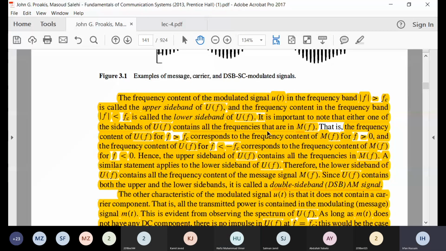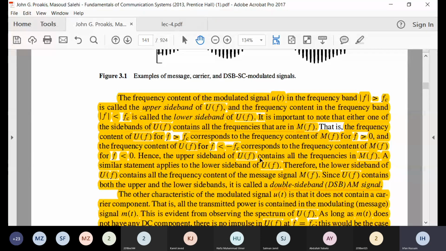All right, so all of this is written here. Frequency content F greater than Fc corresponds to F greater than 0, and frequency content for F less than minus Fc, which means the negative part, corresponds to the frequency of F less than 0. So the negative component for the upper sideband has gone to less than Fc, while the positive content of baseband for the upper sideband has gone to F greater than Fc.